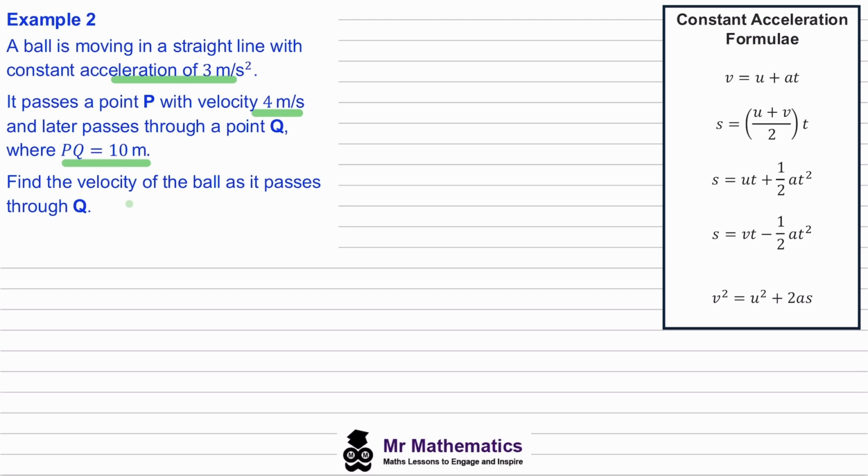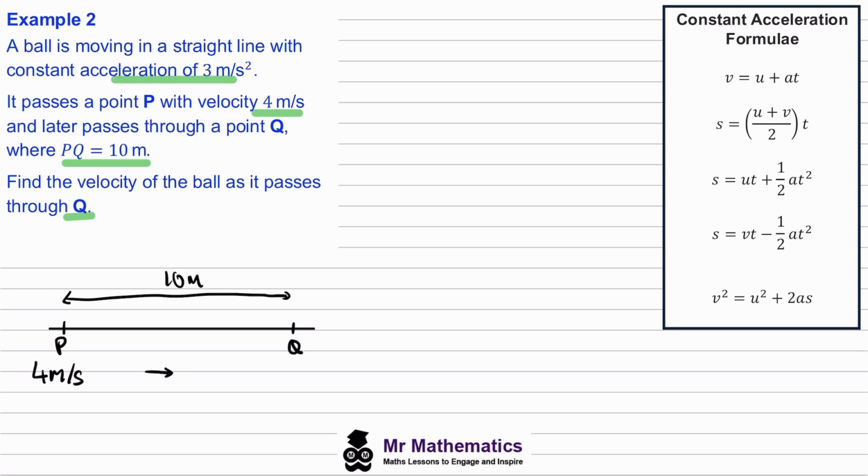We need to find the velocity as it passes through Q. So if we draw a quick diagram, we've got P and Q. Its velocity at P will be 4 meters per second. The distance between them is 10 meters. And the acceleration, we use a double arrow for acceleration, so we don't confuse it with velocity.